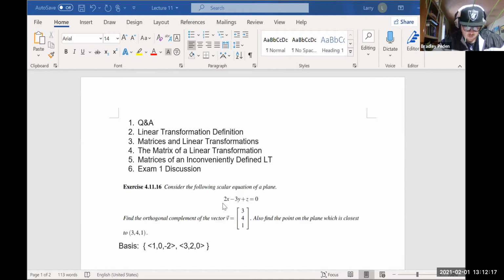Again, hopefully you know that from whenever you learned it originally, but planes are two-dimensional. So do you remember if you have a basis and you have a vector, how you get an orthogonal complement? Can you remember? We had an equation for it. Yeah, how'd that go? It's going to be y, a point in Rn.